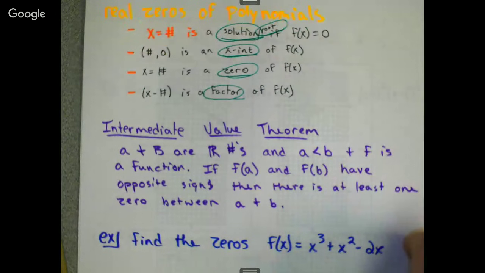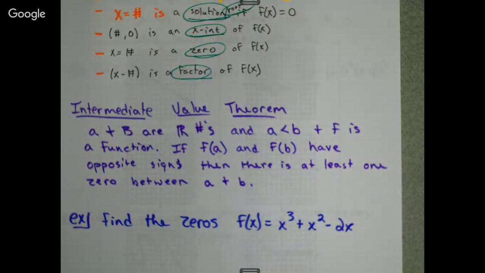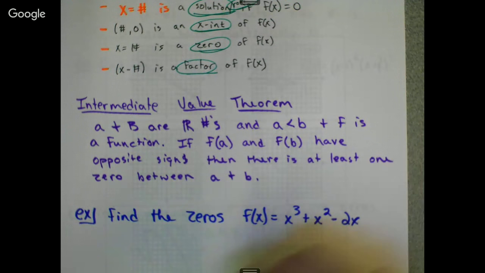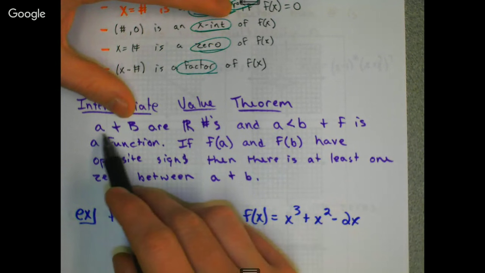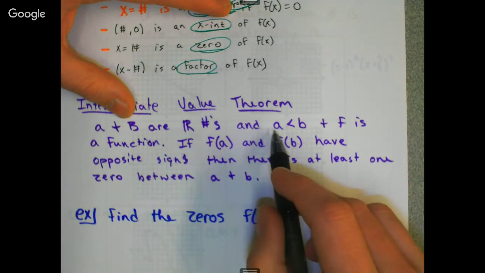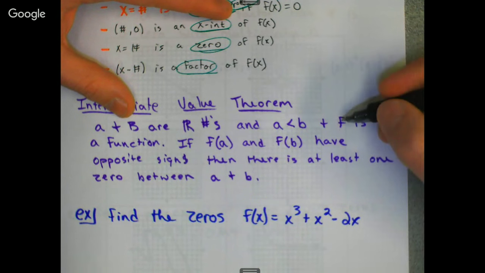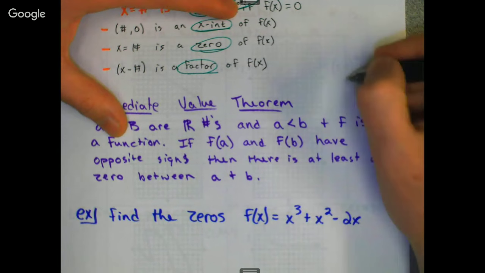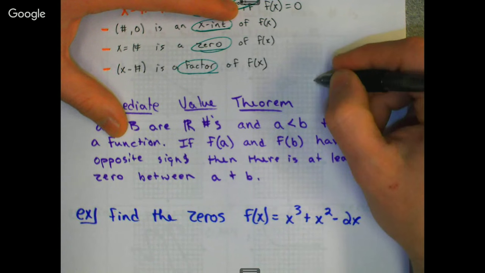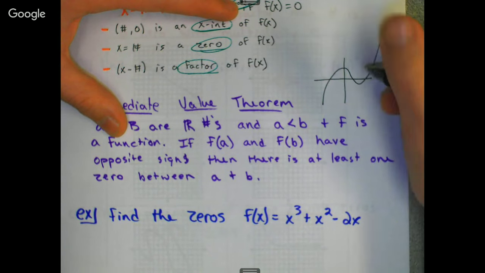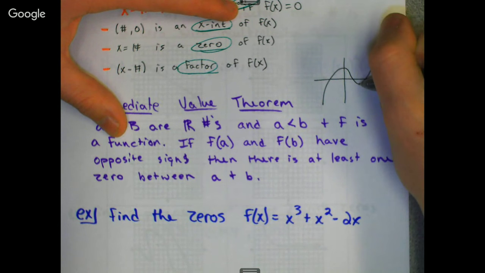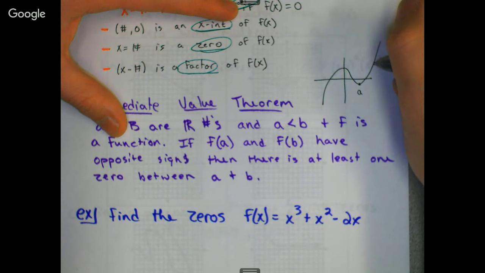Okay, intermediate value theorem. Okay, super, super awesome theorem. Okay, it does not work all the time. Okay, and I'll show you a case where you can't always find the zeros using it. But it works awesome. Okay, so a and b are real numbers, and a is less than b, and f is some function. So I've got some function here, and let's say this is a and this is b.